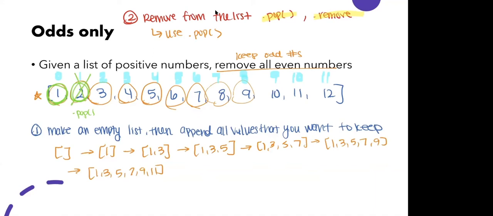Then you'll see that this right here is no longer index 2, but this now is your new index 1. This is your new index 2, your new index 3, new index 4, new index 5, new index 6, new index 7, new index 8, new index 9, and new index 10. So everything completely changes once you remove something.